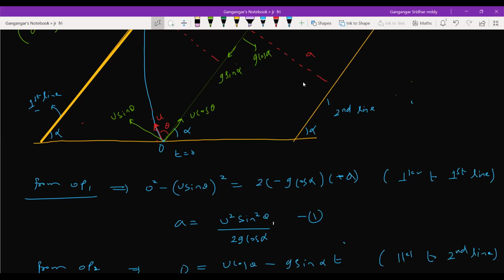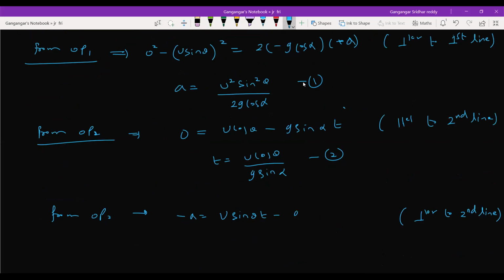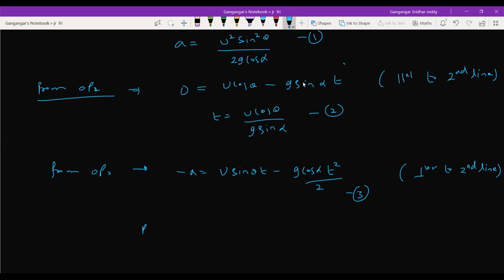So minus a equal to u sin theta t minus g cos alpha t square by 2. Okay, substitute the value of t here. We got this, and the a also, substitute the value of a. Call this equation 3. Put 1 and 2 in 3. Then eliminate the things.